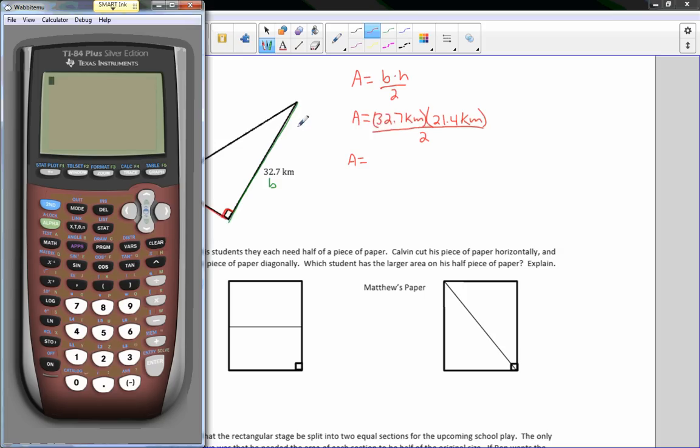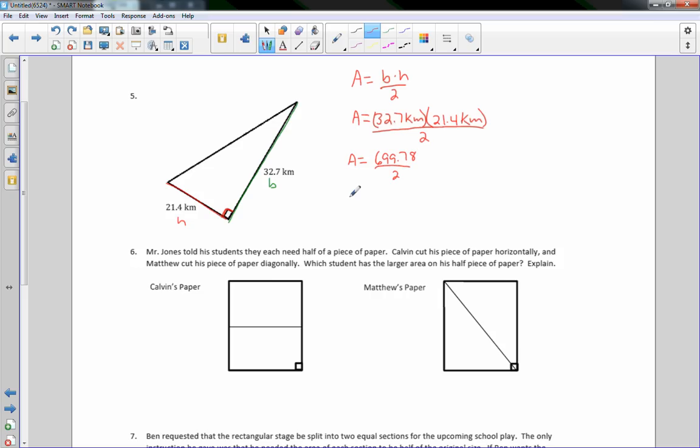If you want to practice your multiplication skills and do it the long way, that's fine too. I'm just going to save time in my video here by just using the calculator. So 32.7 times 21.4 equals 699.78.